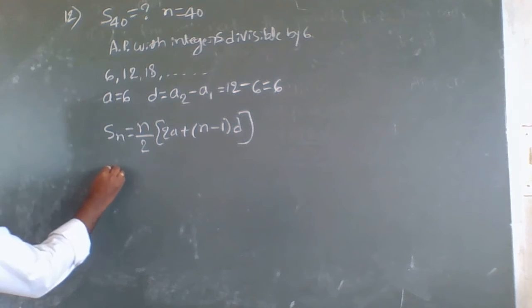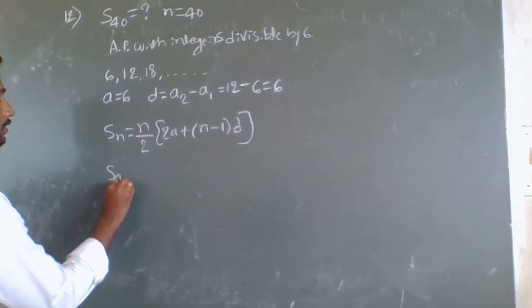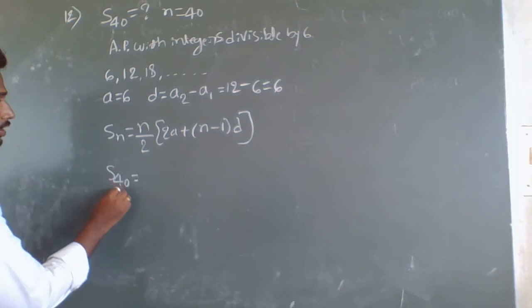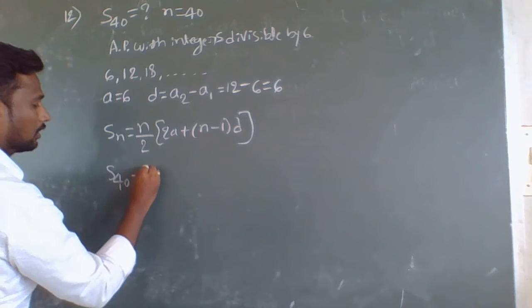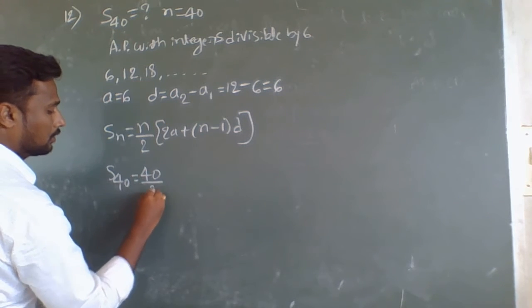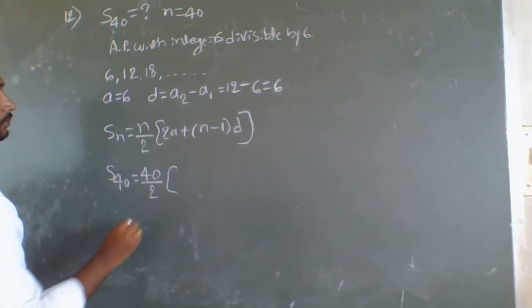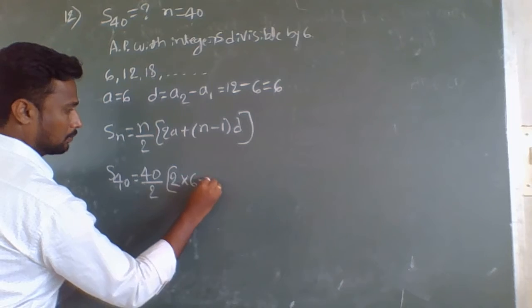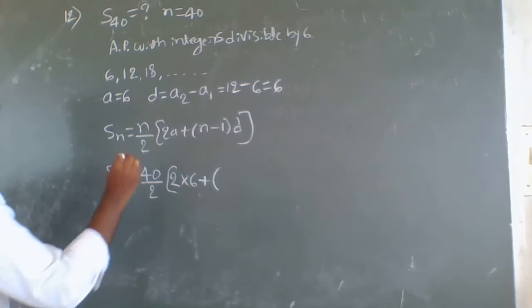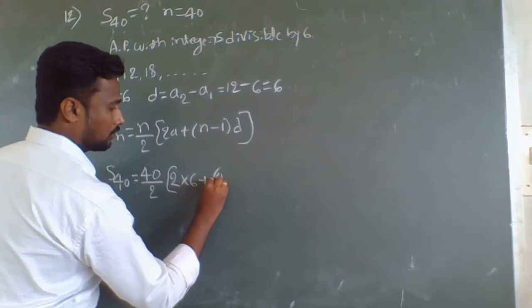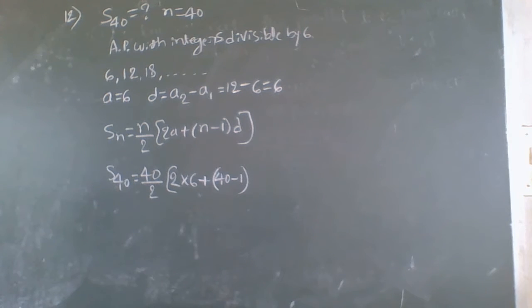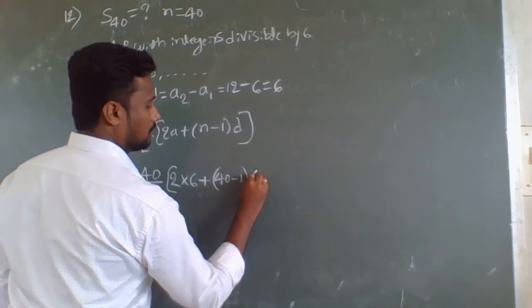Therefore, S40 is equal to 40 divided by 2 into bracket 2a, that is 2 into 6, plus n minus 1, where the n value is 40, so 40 minus 1, into d. The d value is 6.